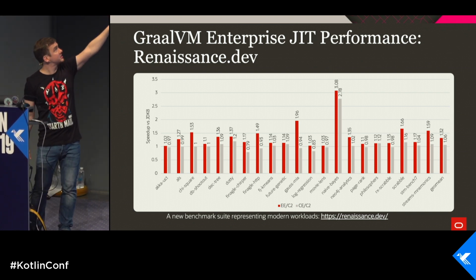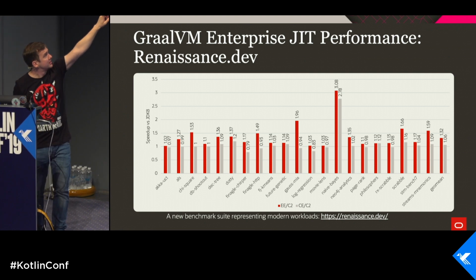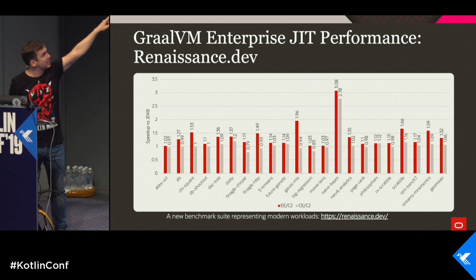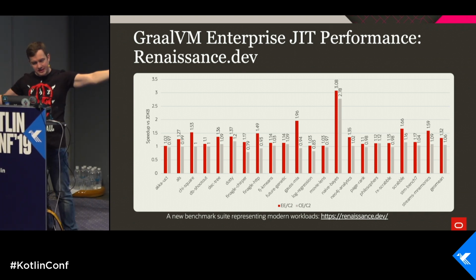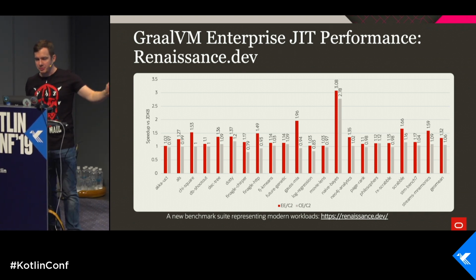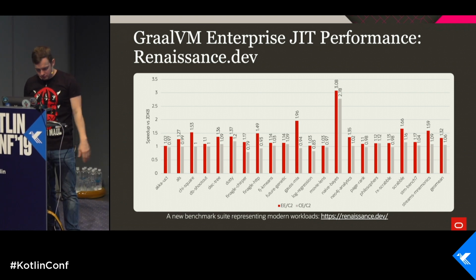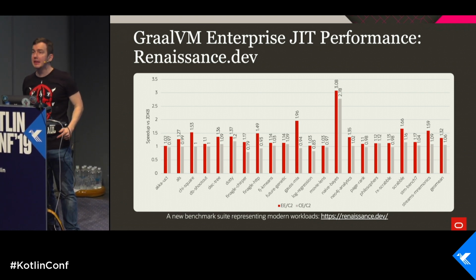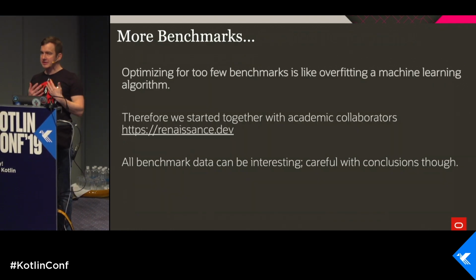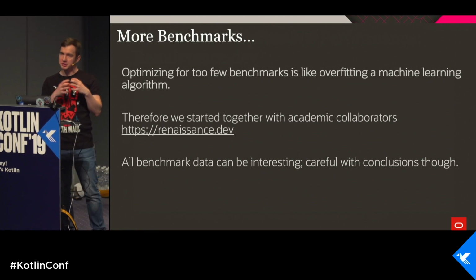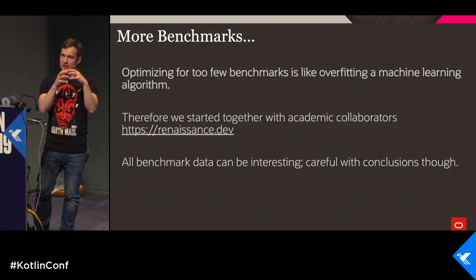Here in Renaissance, you can see there is some Akka, there are compilers like Dotty for Scala, there is Neo4j for data analytics, and some other benchmarks which are maybe less represented in more typical benchmark environments.